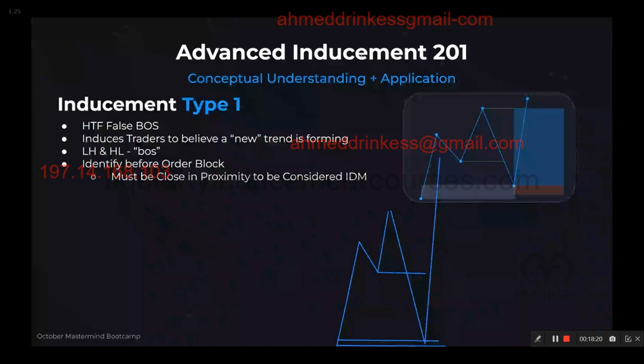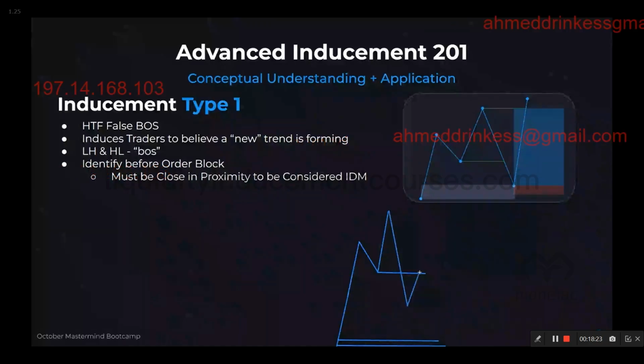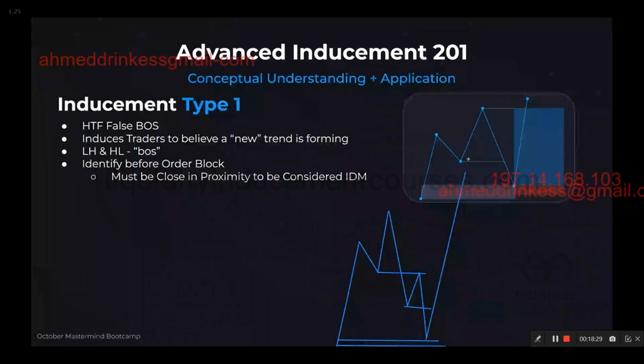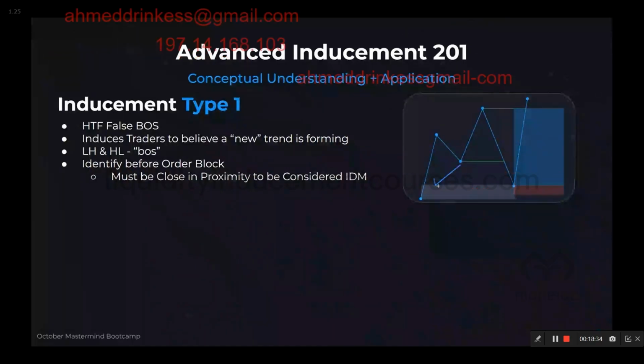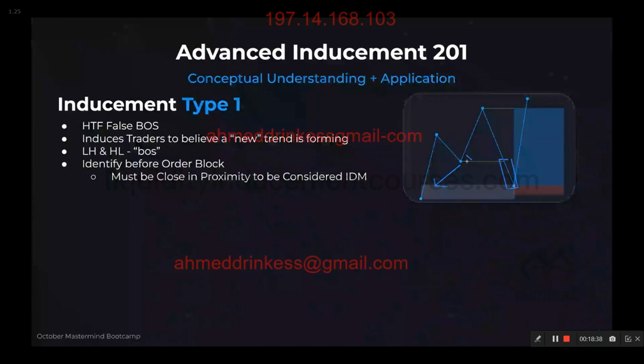Most likely not. It could end up taking it out, but then it'll start building now possibly type 2 inducements where then price will reverse. So just be mindful that if your inducement is 30, 40 pips away, most likely it's not going to validate the order block. You're going to need to focus on something that happens after the main inducement to look for some form of internal inducement, right?